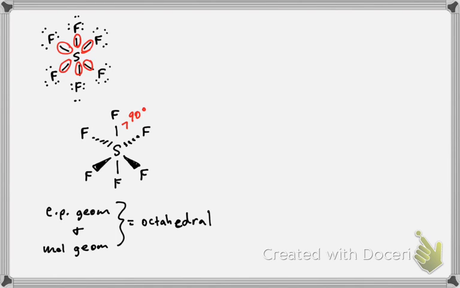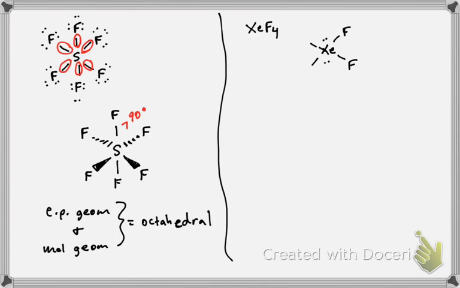Okay, not too bad. All right, now let's see what happens when we have some lone pairs going on. So let's take a look at xenon tetrafluoride. Okay, so first start with the Lewis structure, and again, this is something you got to do previously.